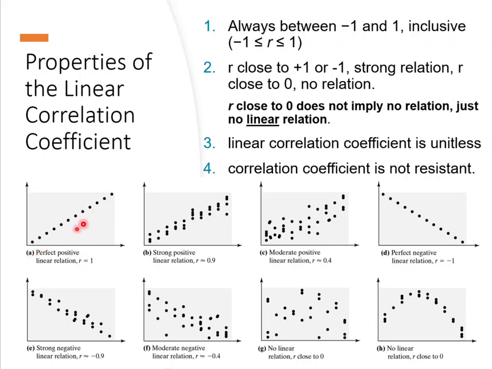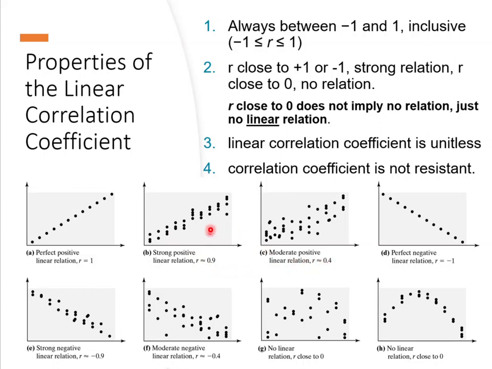This is definitely not the real world, but we start to notice then as we move from graphs B to C, that the scatter plots are starting to fall apart, if you will. We still have a positive linear relationship, but as the scatter plot starts to disperse, notice that the r value is getting closer to 0.